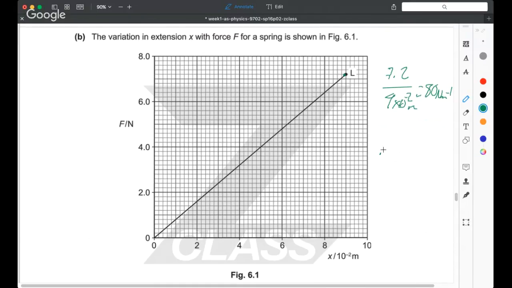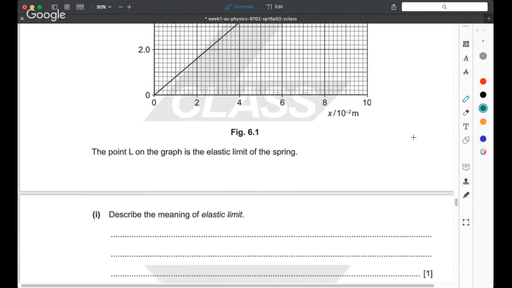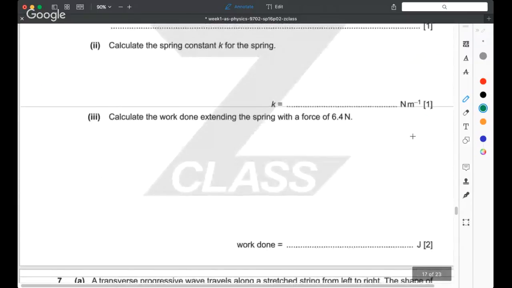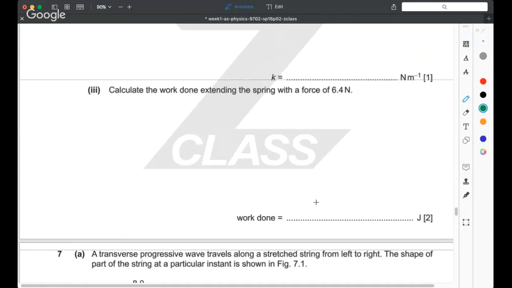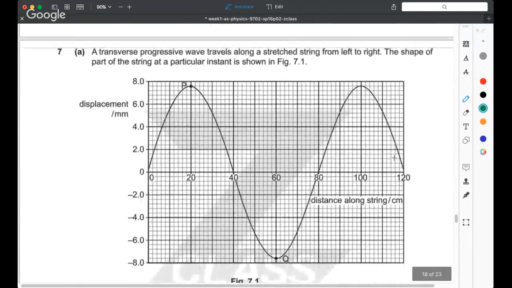So the work is half of F times x. And that should be around 0.256 joules.